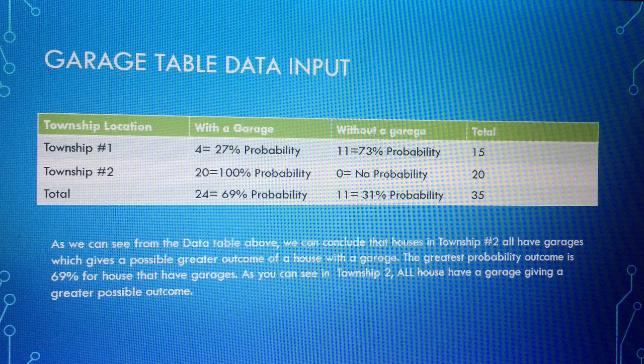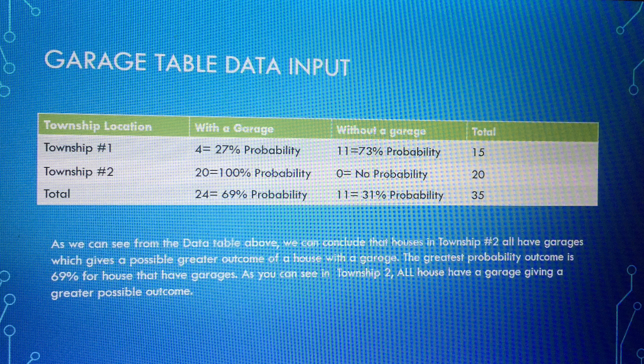So for this last example, we have the data input table, as you can see. Township locations are on the left-hand side with a garage, which possibly very much narrows down the possible outcomes of this data set for townships 1 and 2. 69% probability, that's 1 in 24 of the data, that a house has a garage in both of those townships.